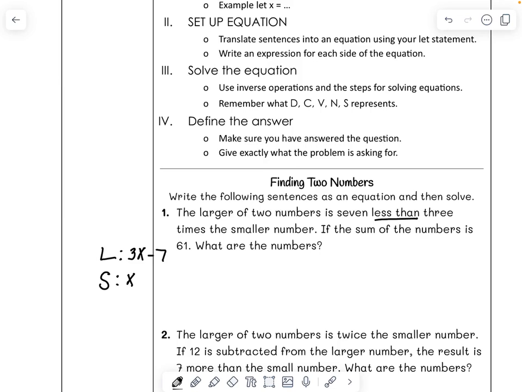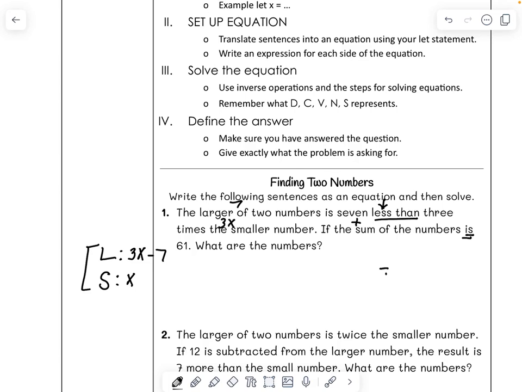So now I know that my smaller number is x and my larger number is 3 times the smaller number minus 7. Remember that less than is going to make it a turnaround phrase, which means that the 3 times x is going to come before the 7.